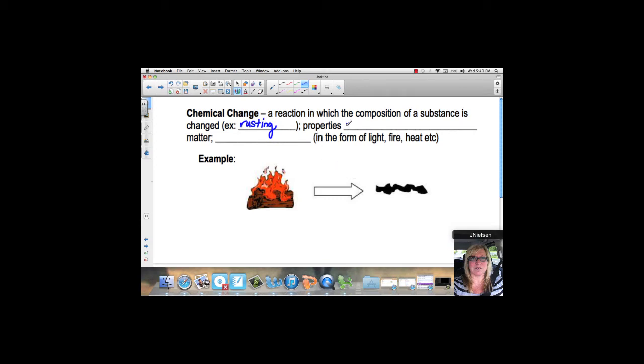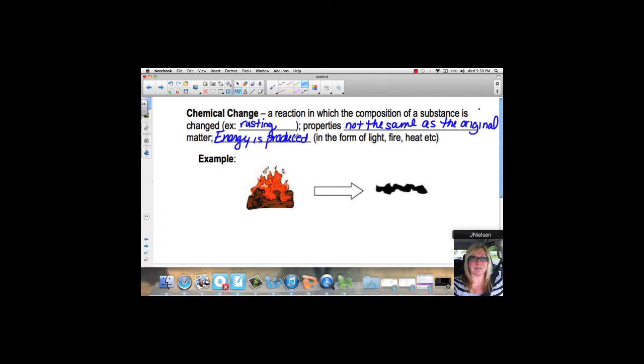The properties are not the same as the original matter. And in this case, energy is produced. And it's usually produced in the form of light, fire, or heat.